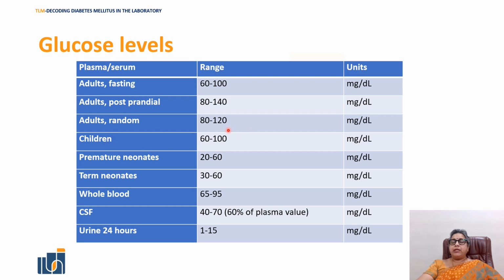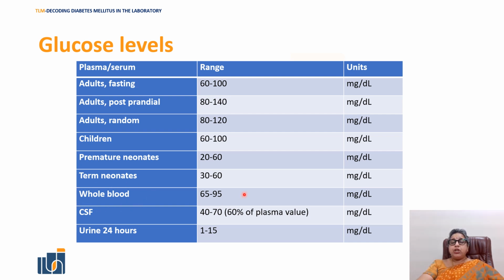Now in children, it's 60 to 100. In premature neonates, it is 20 to 60. And in term neonates, it's 30 to 60. Now, all this we're talking about is plasma or serum. That is plasma when it's collected in sodium fluoride and serum when it is collected in a clot activator tube or a serum separator gel tube.